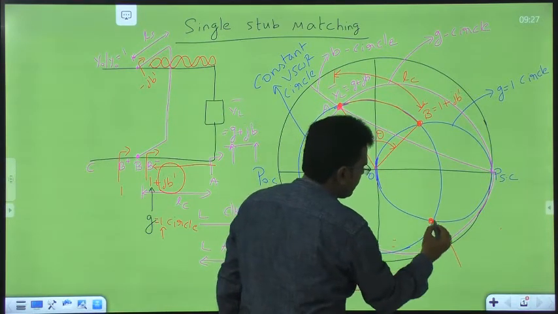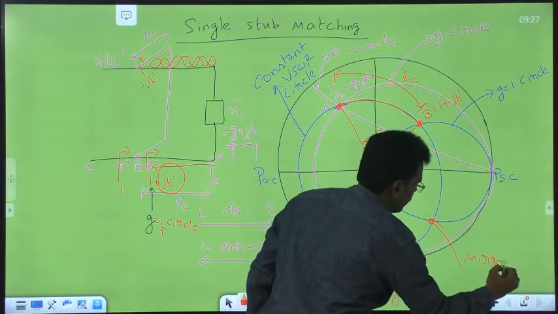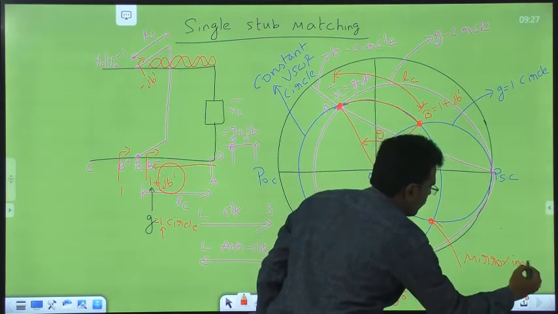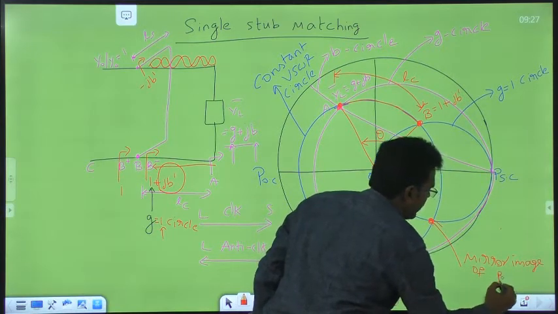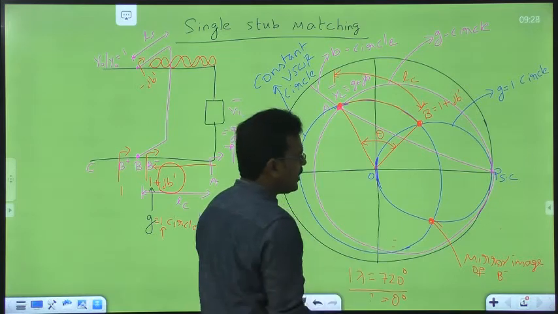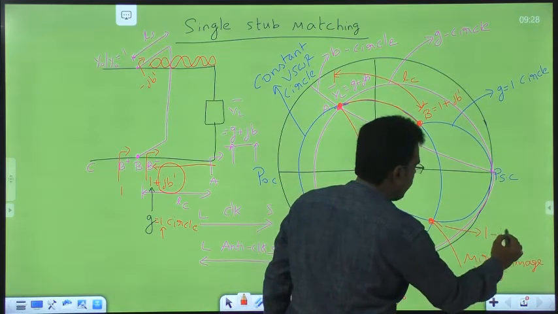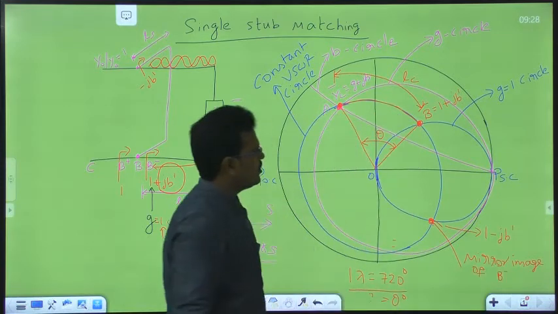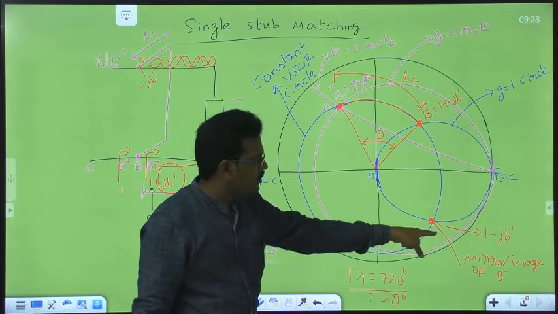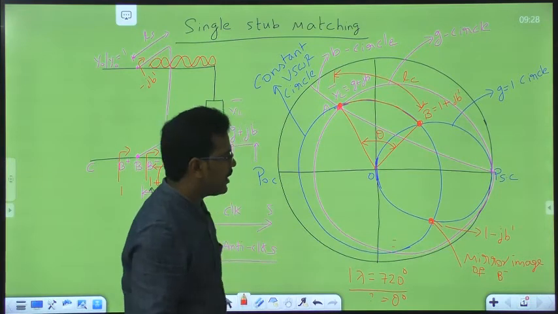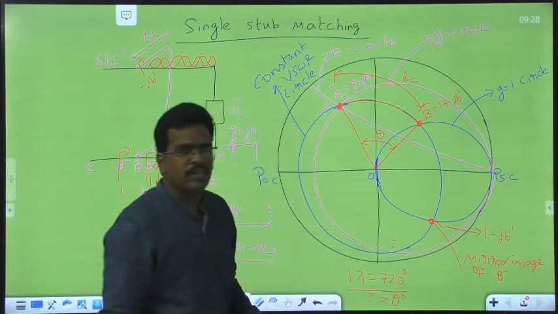This point is the mirror image of the B minus point, right? So at this point, what is the admittance? The admittance at this point is 1 minus jB dash, obviously. So we have to choose the mirror image point of B minus, nothing but 1 minus jB dash. Okay, already we know that minus jB dash is the stub admittance.